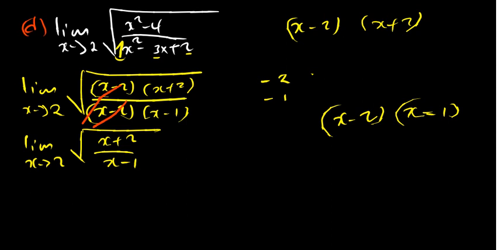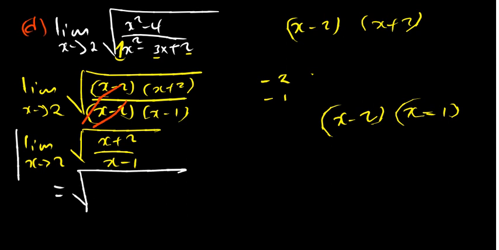Now, I said that when you want to plug in the value of x, that's when you stop introducing limit. Please take note. You only stop introducing this when you want to plug in the value of that x. Okay? So at this point, since we want to plug in, we are going to say equal to the square root.